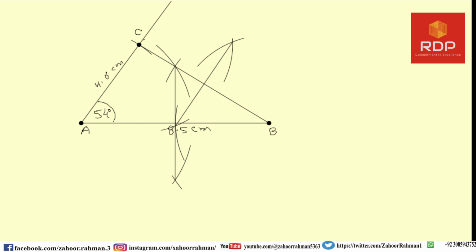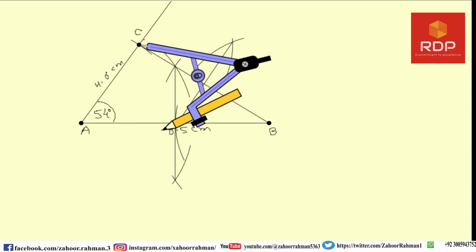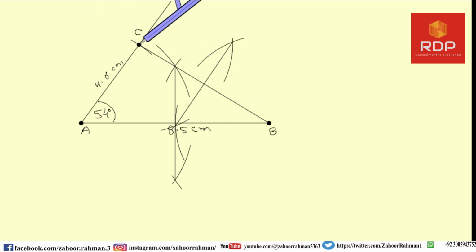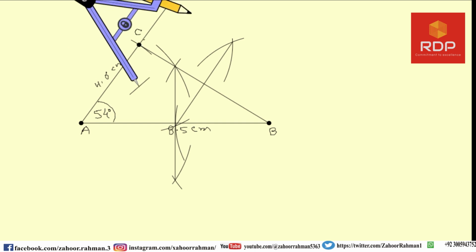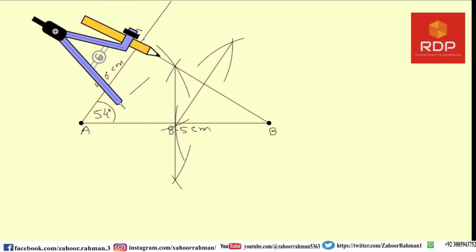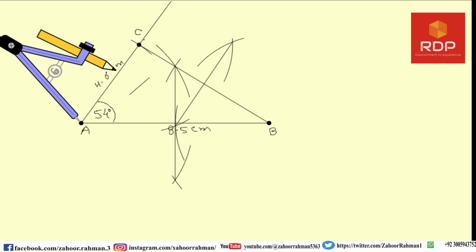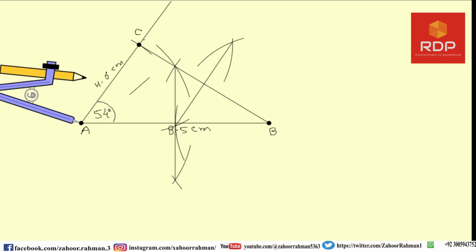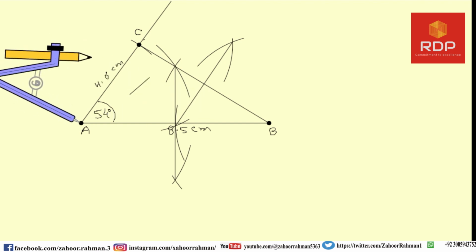Now I have to make the angle bisector of these two lines. Let us make it a bit smaller, so we can construct the angle bisector at about the middle point.